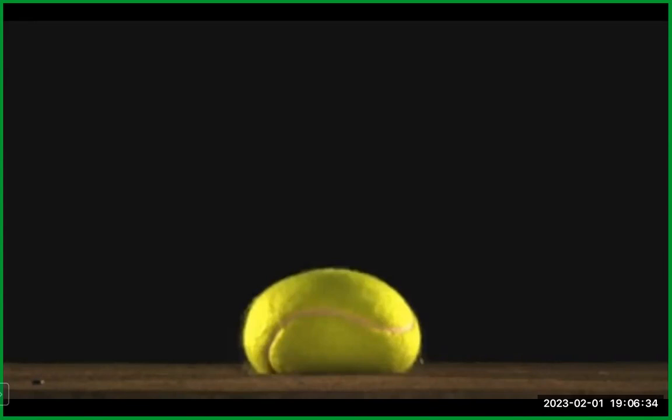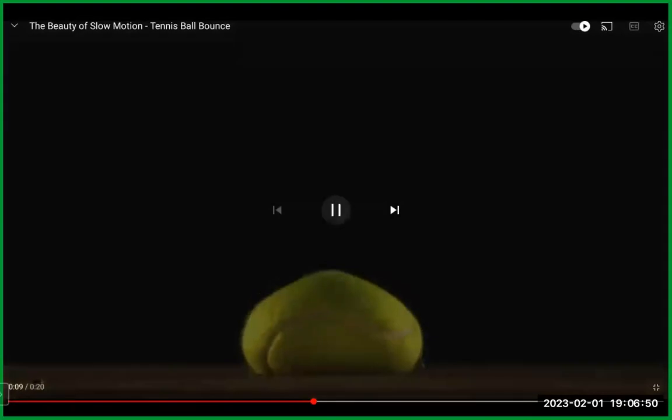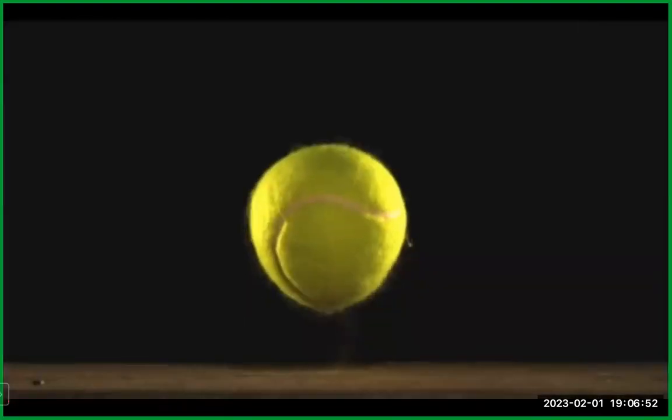Yes. This is what you have to focus on. Whenever there's an impact, there is a time when the ball has to go into that squishy, deforming situation. And then the object starts coming back to the original shape. And this is when the kinetic energy again increases and the object goes back up.